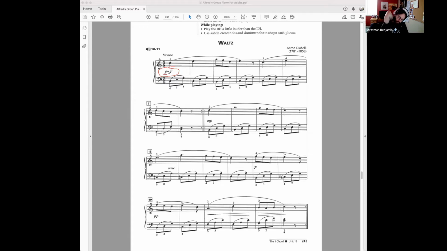First time you play it, you're going to play piano. You're right, Ben. And the second time on the repeat, you're going to play it forte. So you play it soft and then you play it loud. Yeah. Piggyback off of the repeat. That's what that's for. Okay. Good.